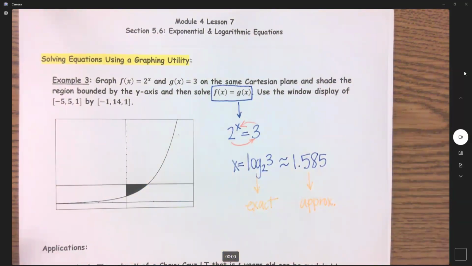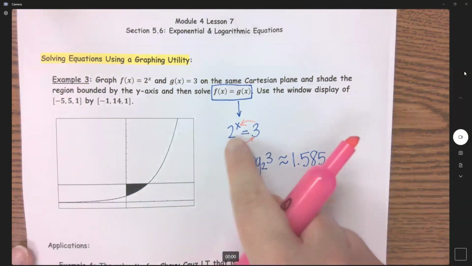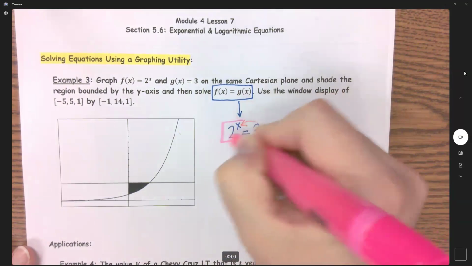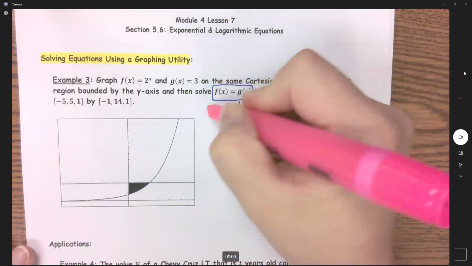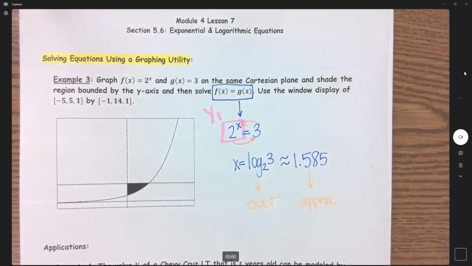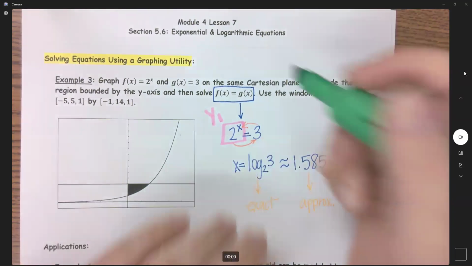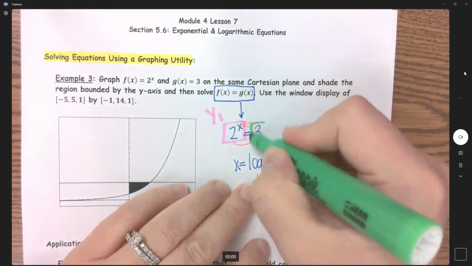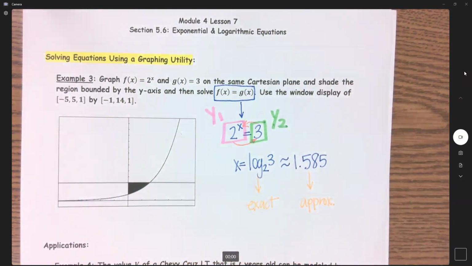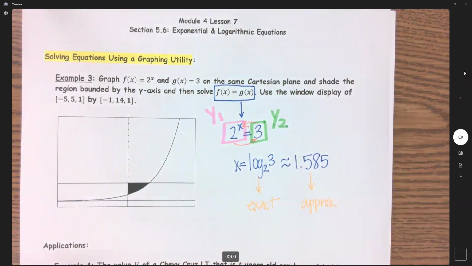So when I'm using this calculator here, I'm going to put the left side of this equation, so this 2 to the x, as my y1, and then I will put the right side, in this case just 3, in my y2.